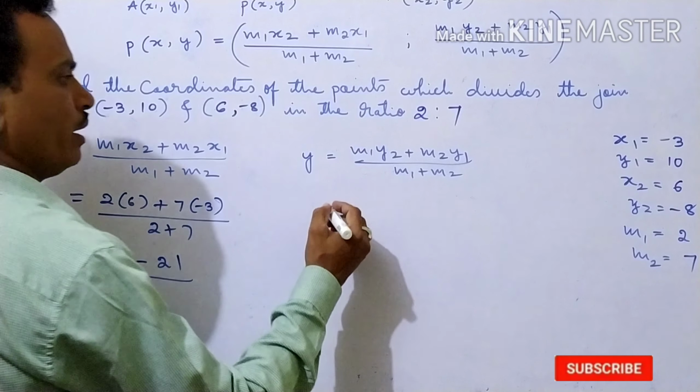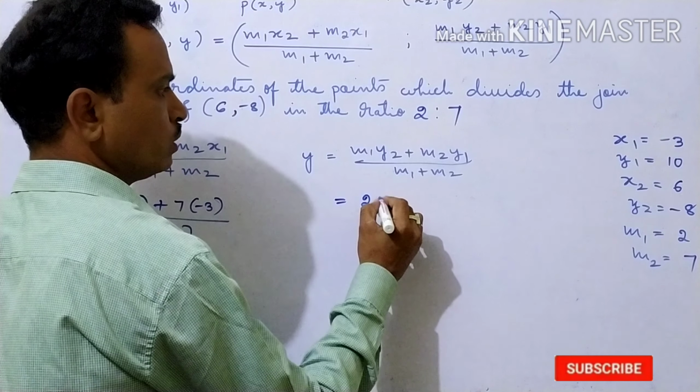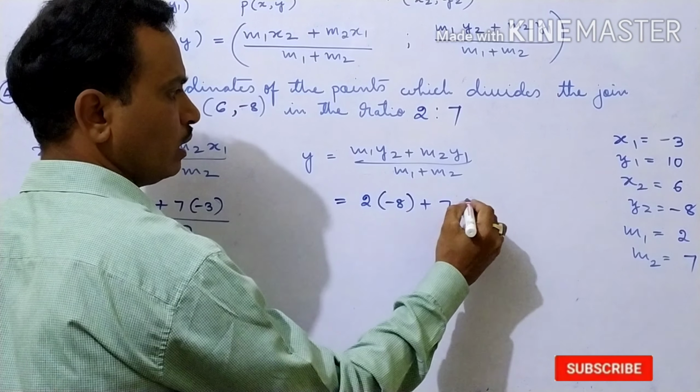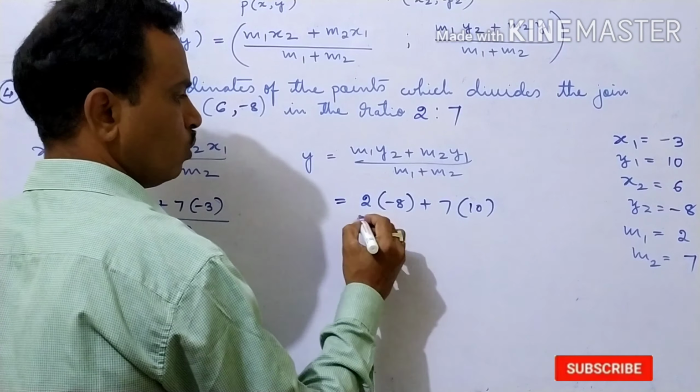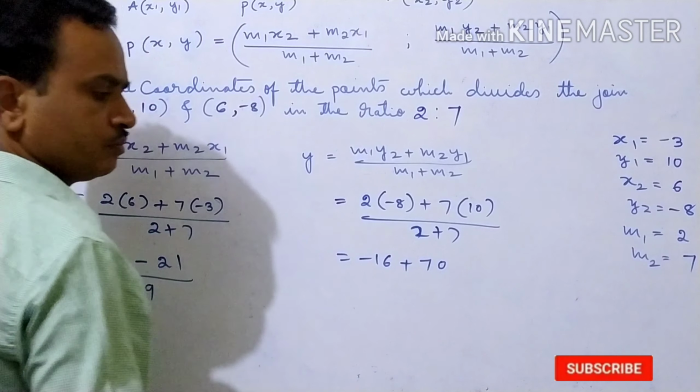Then to find y, m1, what is there, 2, y2 minus 8, plus m2 7, y1 10, whole divided by m1 plus m2. m1 is 2 plus 7, 2 eights are 16, minus 16, plus 7 tens are 70.